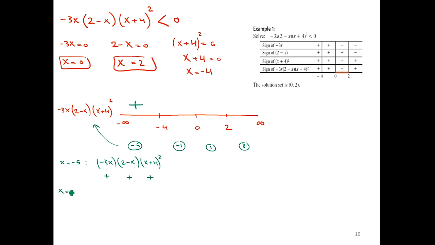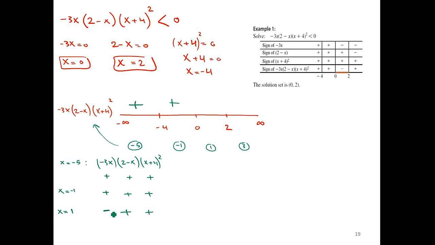After substituting x equal negative 1, negative 3 times negative 1 is positive, 2 minus negative 1 is positive, and the square is positive, so we have positive. After substituting 1, minus 3 times 1 is negative, 2 minus 1 is positive, and 1 plus 4 squared is positive.